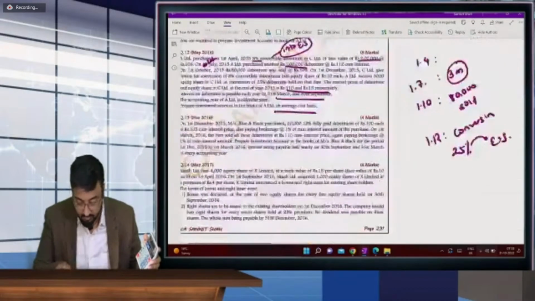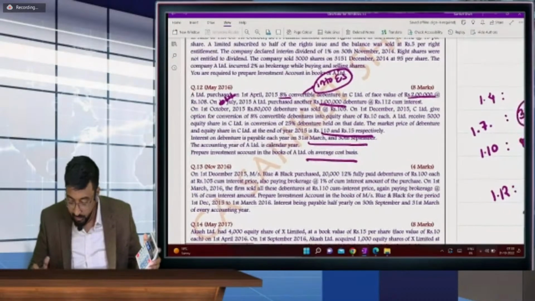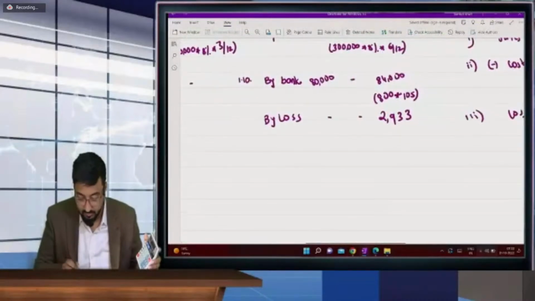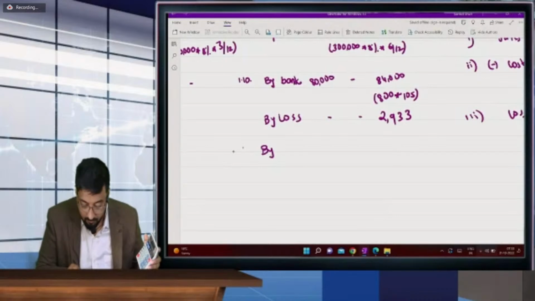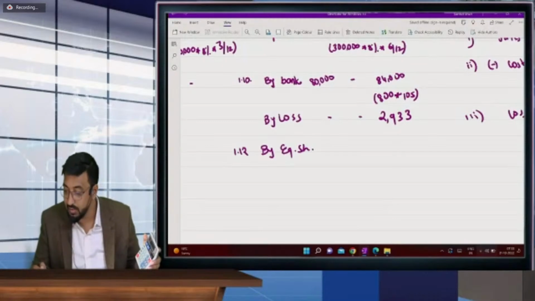Then 25% were converted into equity shares. Now what is the price? 25%, by 1st December, by equity shares.